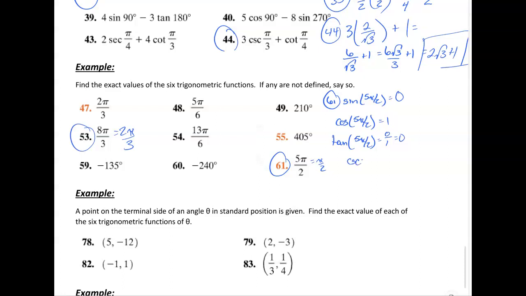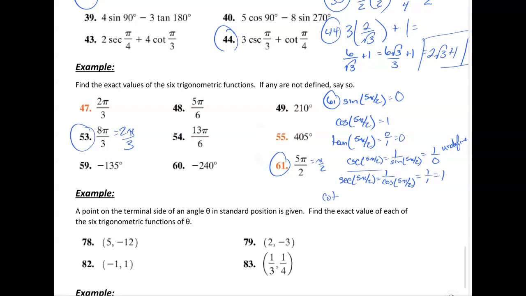So cosecant of 5 pi over 2 is 1 over the sine, which is 1 over 0. 1 over 0, guys, is undefined, which means the cosecant doesn't exist there. Secant is 1 over cosine, 1 over 1, which is 1.